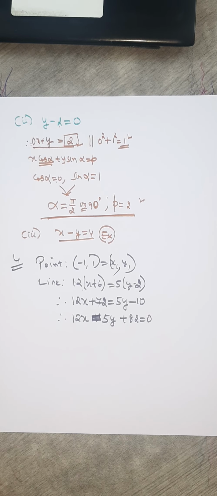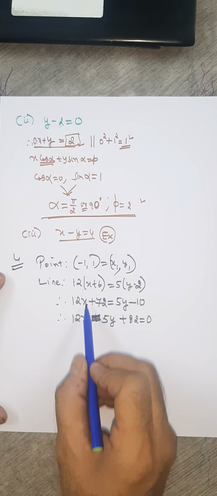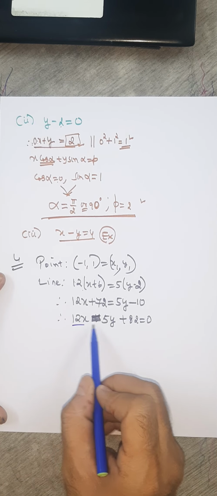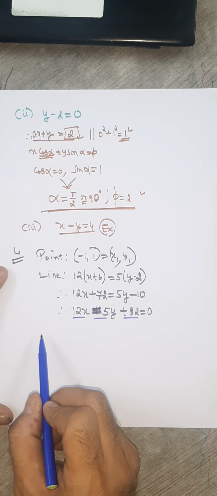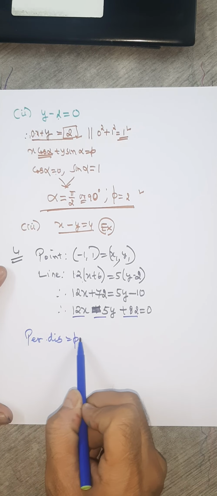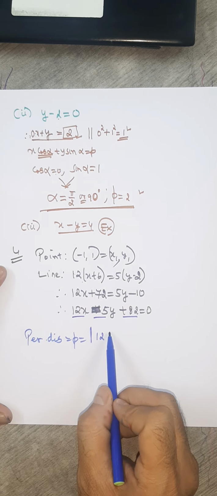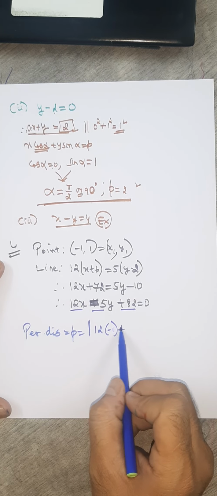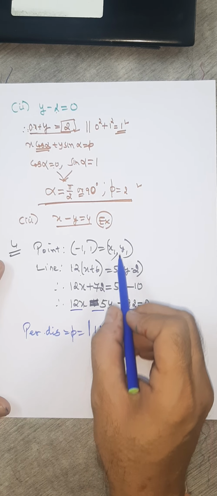Got it? Now I've expressed it in which form? You can see that it is the ax plus by plus c equals 0 form. Right? This earlier was not in that form. So we'll write the perpendicular distance, small p, equals modulus of 12 into x1, which is minus 1, minus 5y, but what is y?